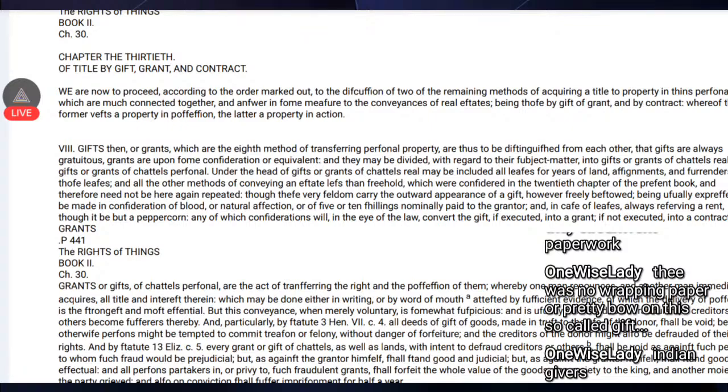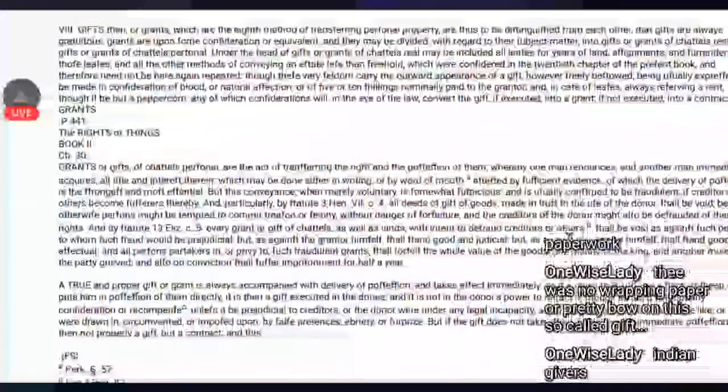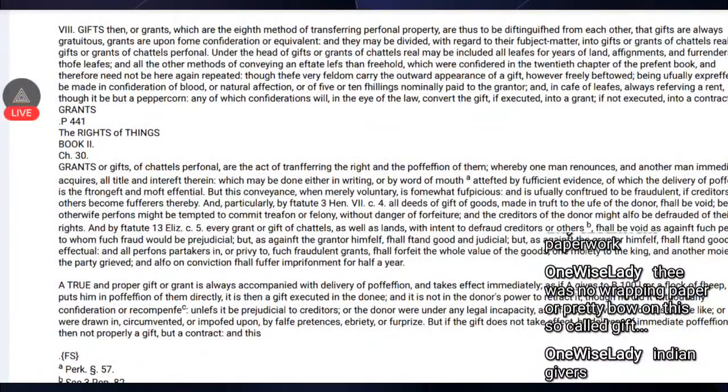Though these very seldom carry the outward appearance of a gift, however freely bestowed, being usually expressed to be made in consideration of blood or natural affection, or of 5 or 10 shillings nominally paid to the grantor, and in the case of leases, another reserving a rent, though it be but a peppercorn, many of which considerations will, in the eye of the law, convert the gift, if executed, into a grant, and if not executed, into a contract.